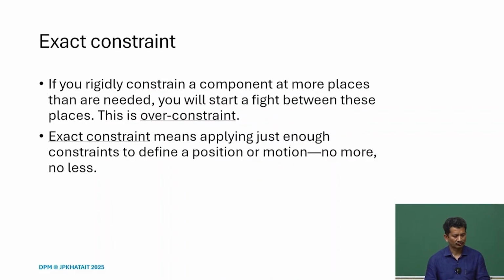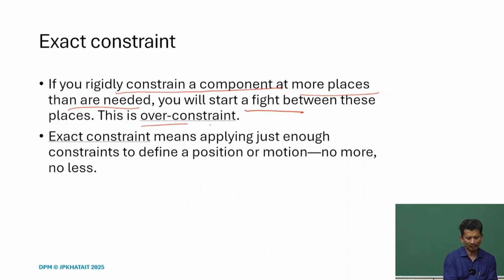When we talk about constraining anything, and we want to constrain the movement, what he is saying is, if we rigidly constrain a component at more places than what is needed, then there will be a fight between these components, and we will have over constraint, which is not desired.